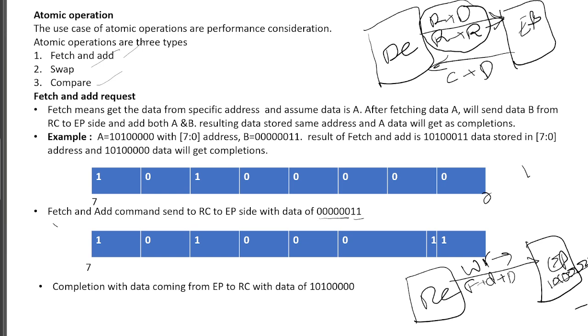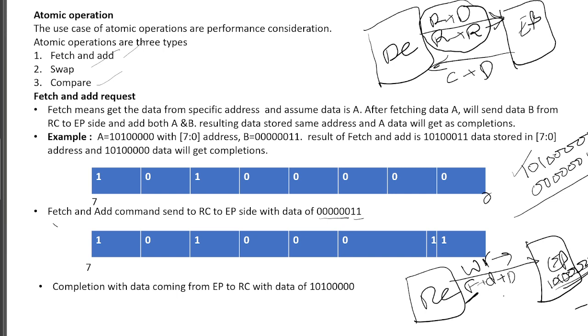What is the previous data? 10150. Fetch means it will fetch whatever data is present at that particular address. You are giving the 0 to 7 address, so 10150 is present on the EP side.